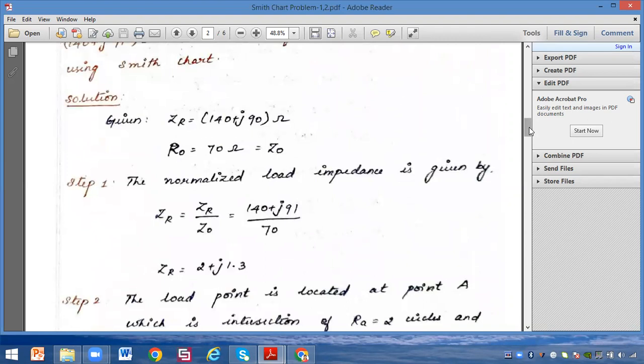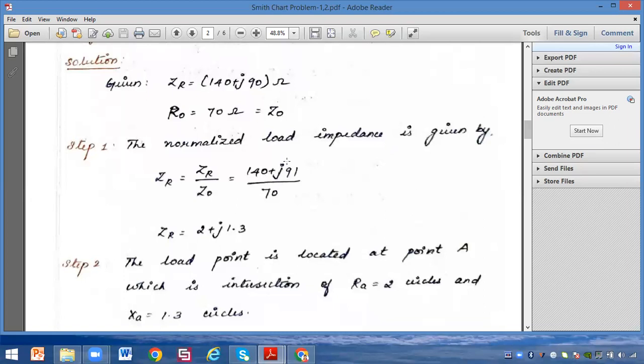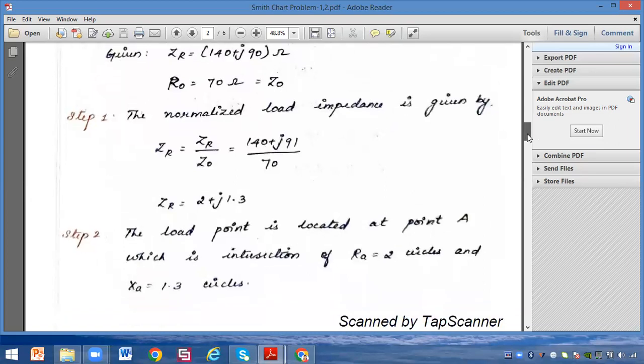The first step is to find the normalized load impedance. We know the load impedance is 140 plus j91. To find the normalized load impedance, we divide the load impedance by the characteristic impedance. So zR is ZR by Z0, which is 140 plus j91 divided by 70.